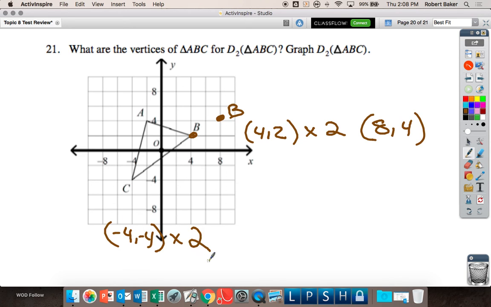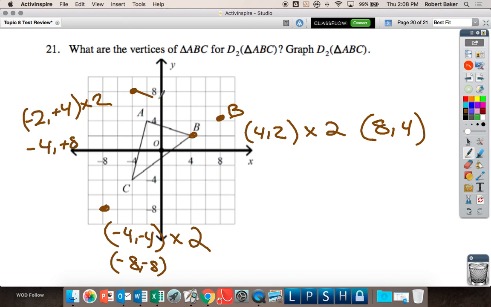Multiply each of those points by 2, because the scale factor is 2, which becomes -8, -8. Find these points, that's at the location -2, +4. Apply the scale factor, which is 2, -4, +8. So it gives you a brown triangle that's 2 times bigger.